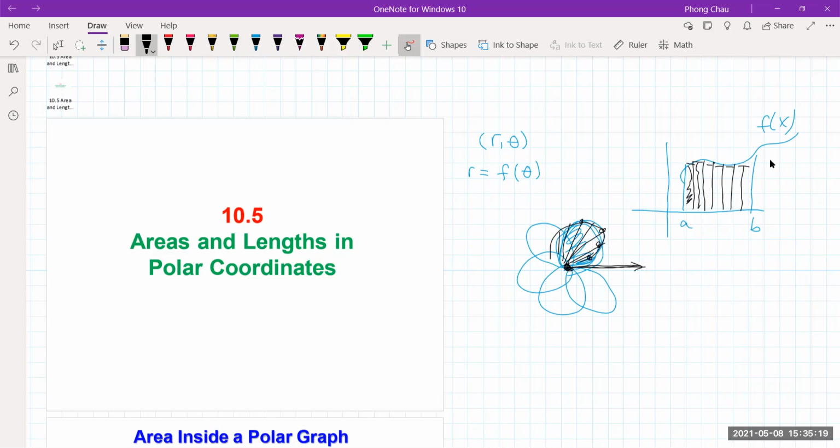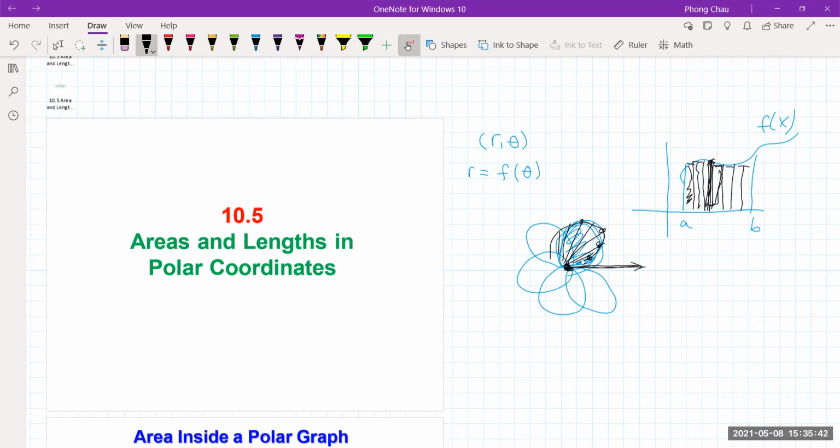So it'll be very difficult to find the area using vertical slicing. With vertical slicing, you find, for example, the y coordinate at this point, which gives you this distance and the height of the rectangle.